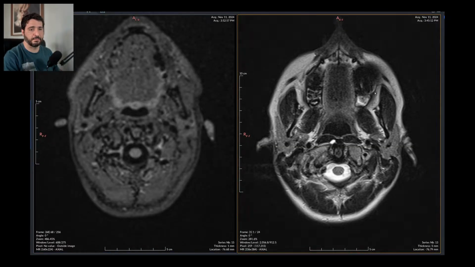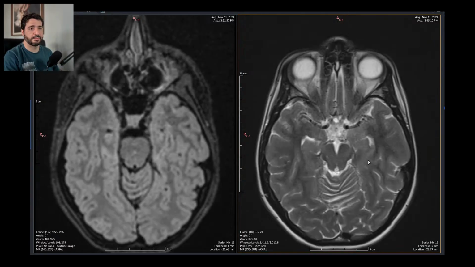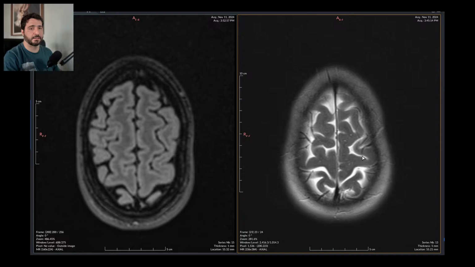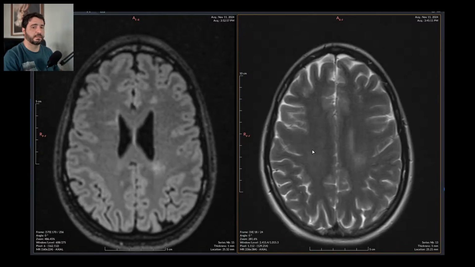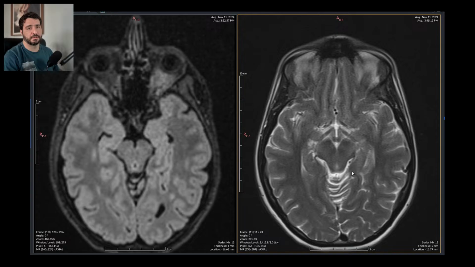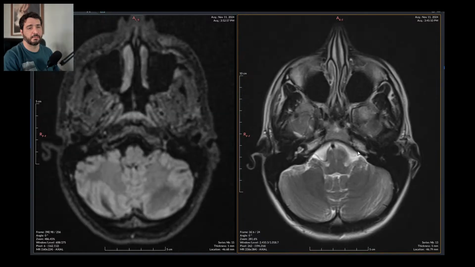acquisitions with a 5 mm thickness, which is absurd. This is comparable to a 1990s CT scan. So it's really stupid to do such a scan right there.